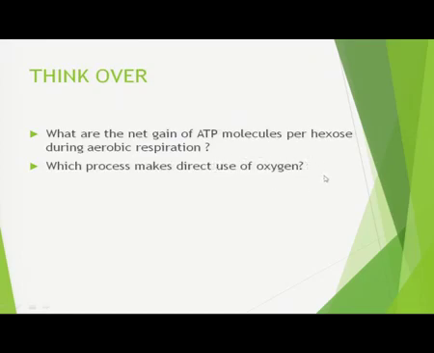In presence of oxygen, that is called aerobic respiration, and this gives more energy, that is 38 or 36 ATP. The other type, anaerobic respiration, gives 2 ATP and uses no oxygen. So, it is called anaerobic respiration.